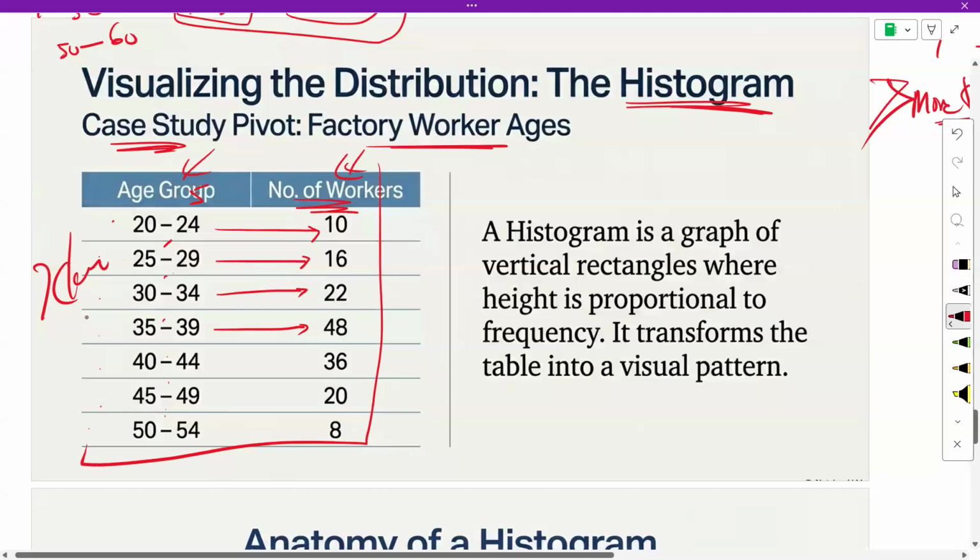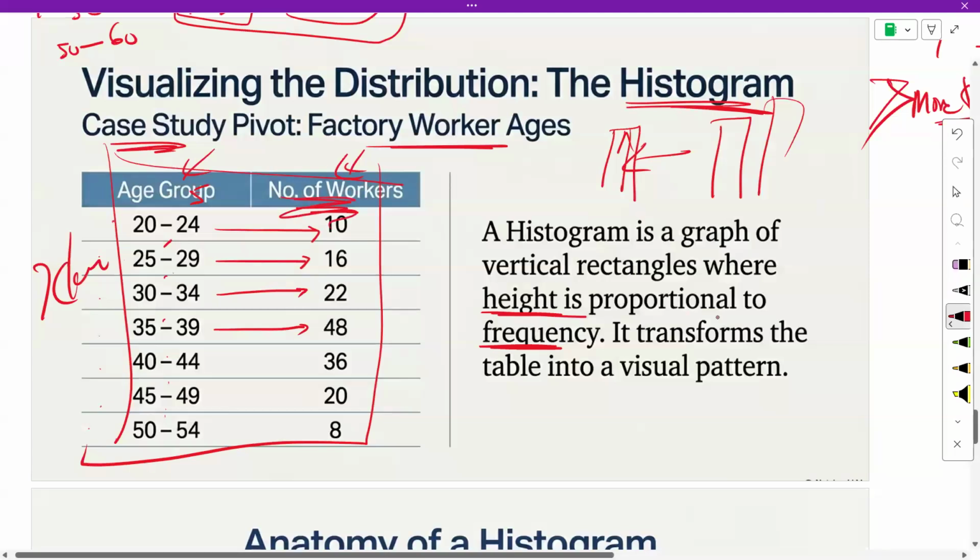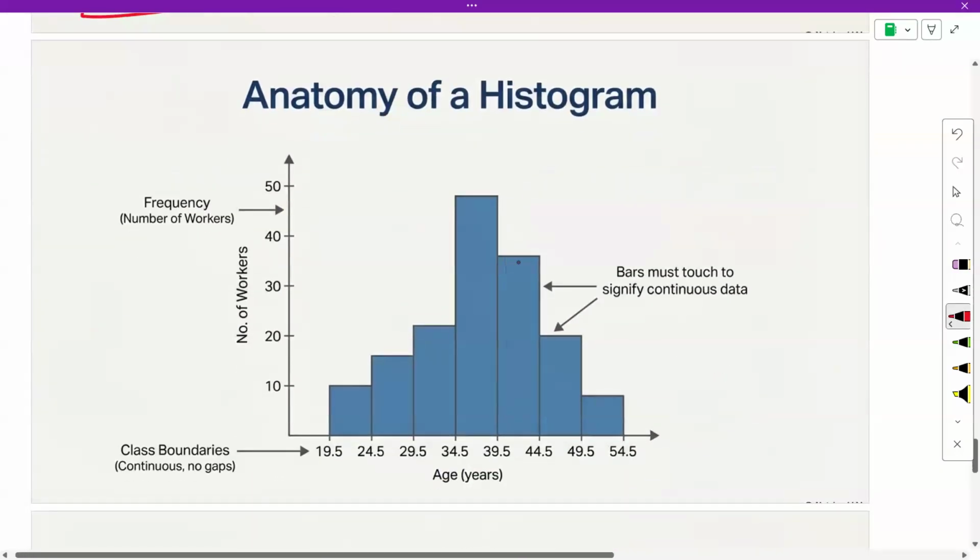So we have the frequency distribution for age group data. A histogram is a graph of vertical rectangles, like a bar chart or column chart, where the height is proportional to the frequency. It transforms the table into a visual pattern. Here you can see we present the data in a histogram, in visual form.